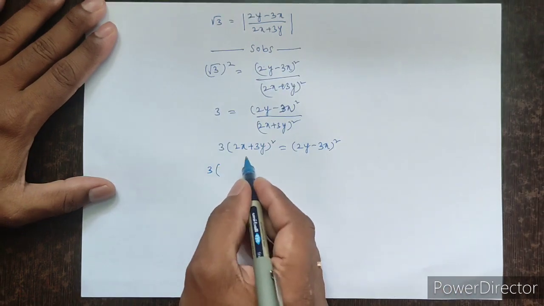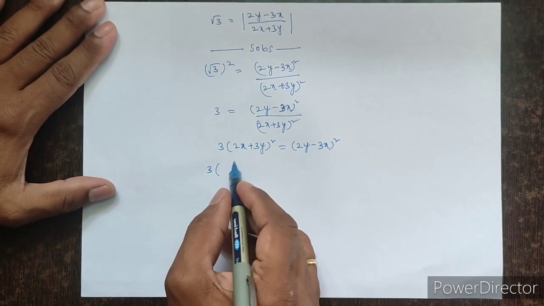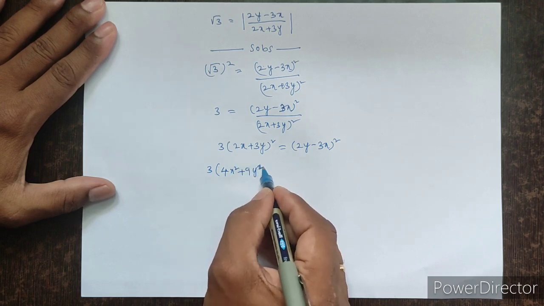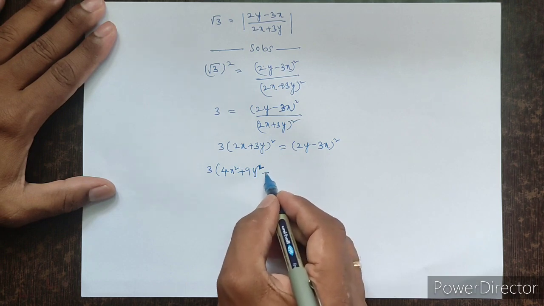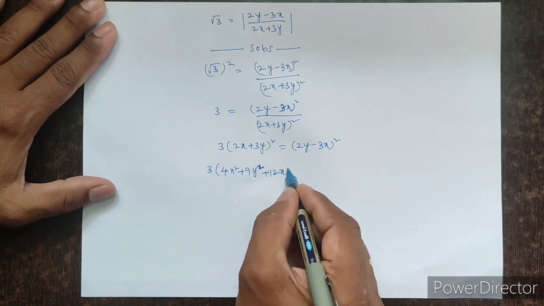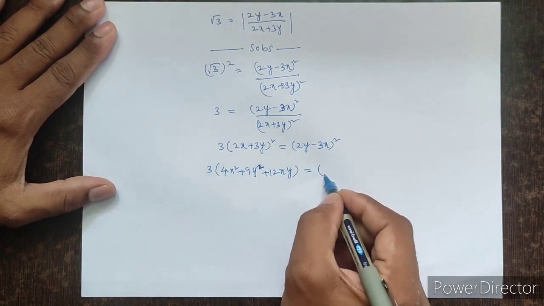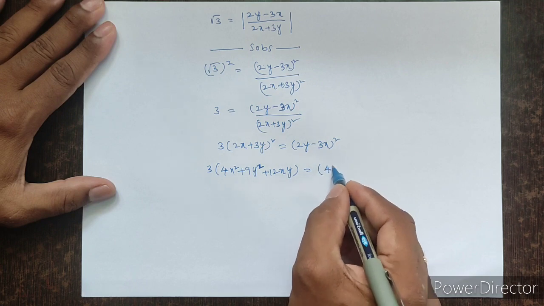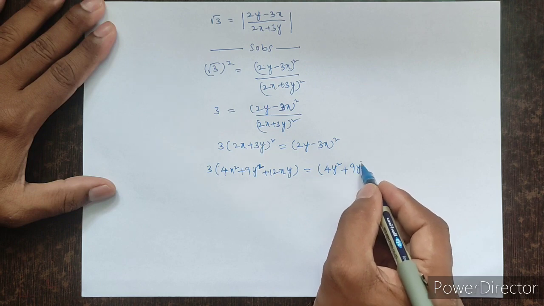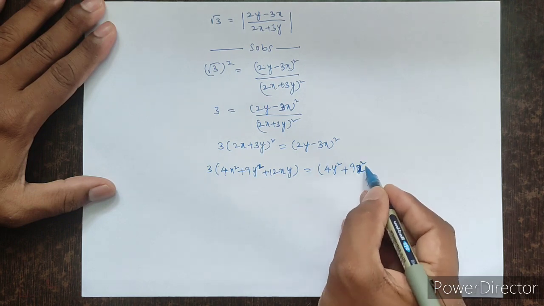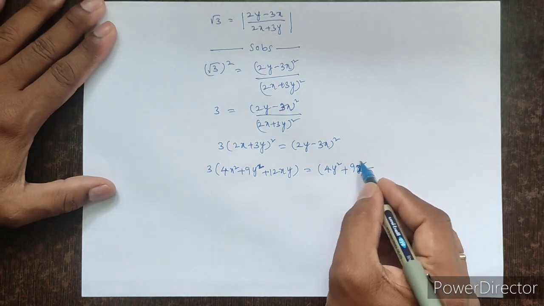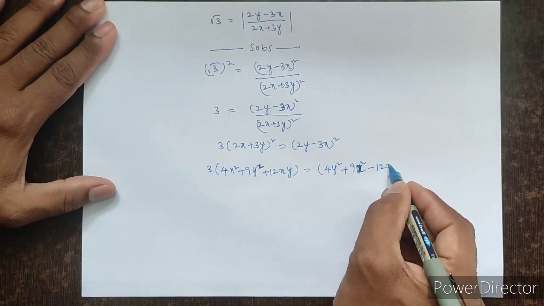So 3 of this is a plus b whole square: 4x square plus 9y square plus 2ab, 2 times 2 is 4, 4 times 3 is 12, 12xy, that equal to a minus b whole square: 4y square plus 9x square minus 2ab, 12xy.